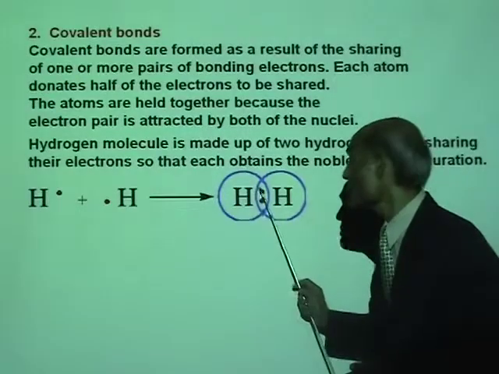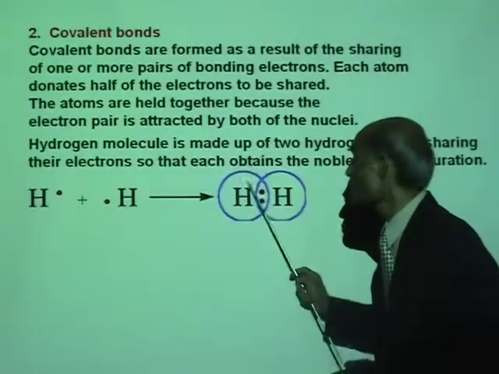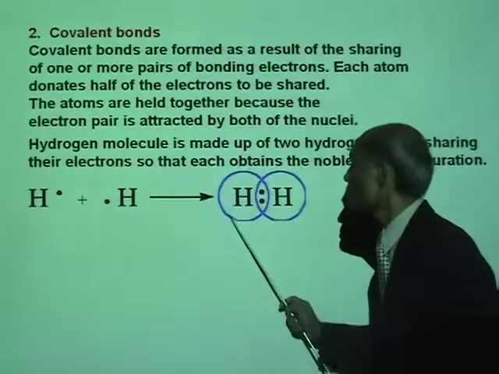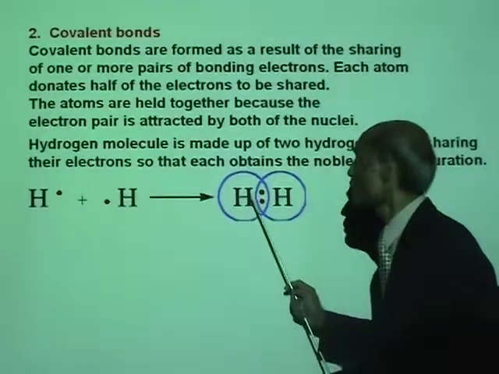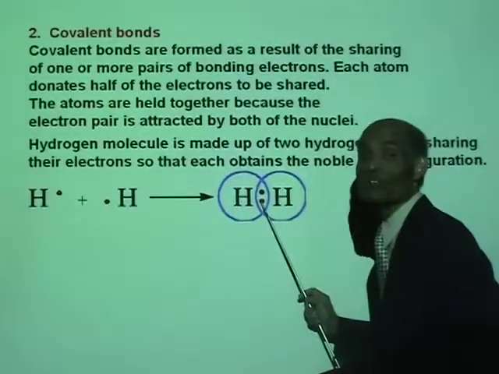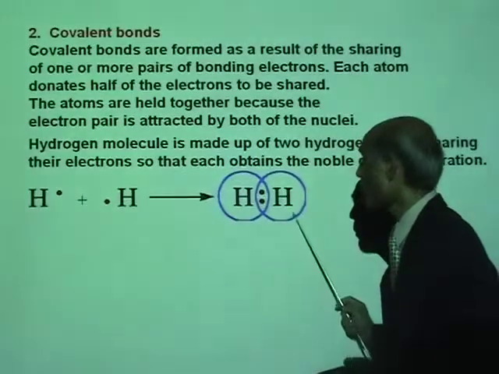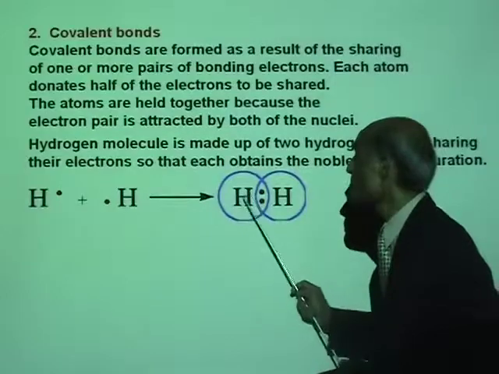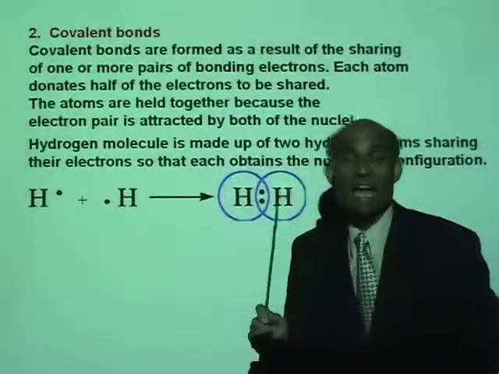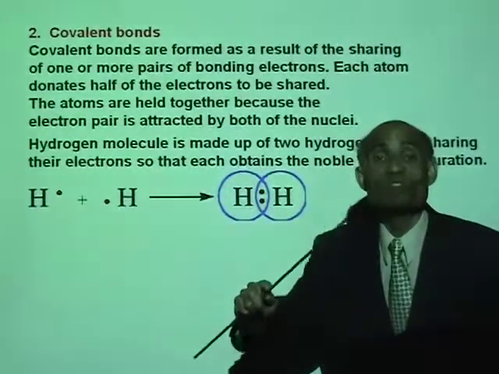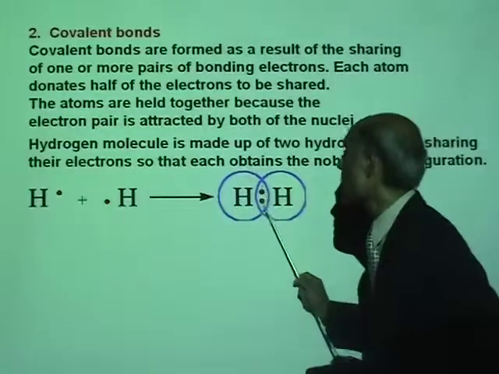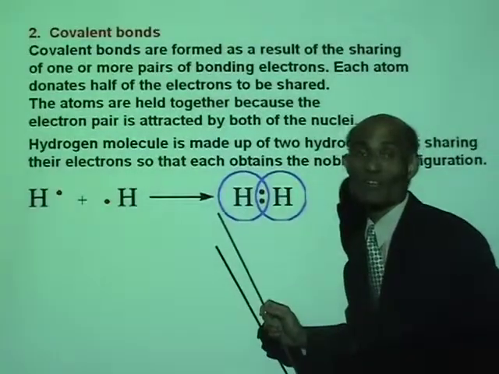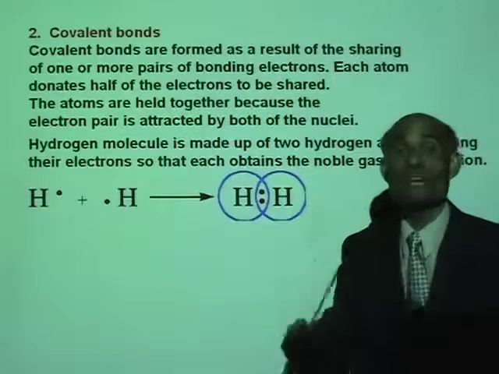Now they make the arrangement so that the 2 electrons are shared. Look at this circle. That shows H with 2 electrons. And look at the next circle, hydrogen with 2 electrons. That means each of these hydrogen atoms has jurisdiction over those 2 electrons. This pair of electrons is now shared between the 2.